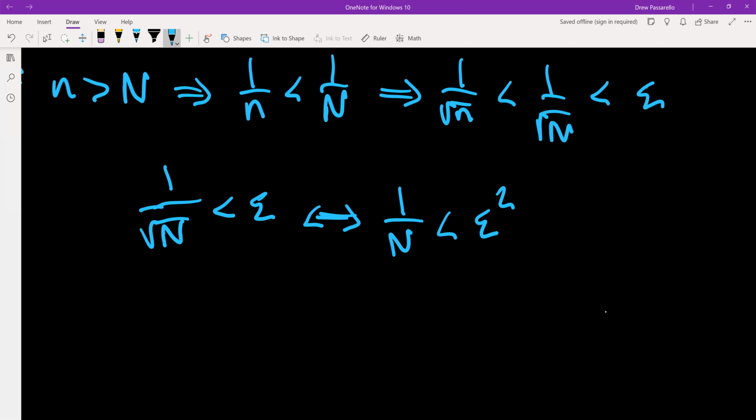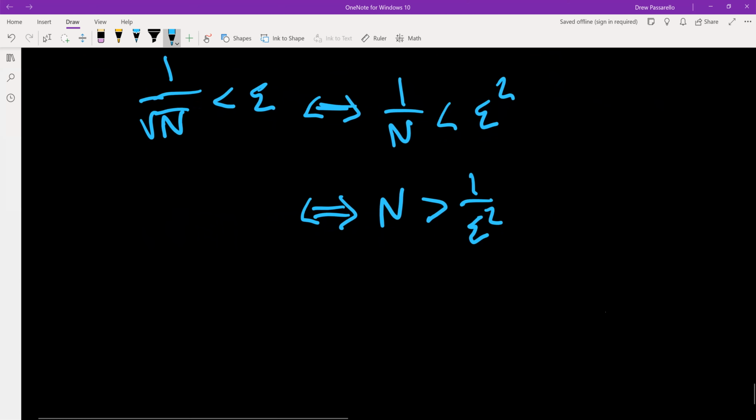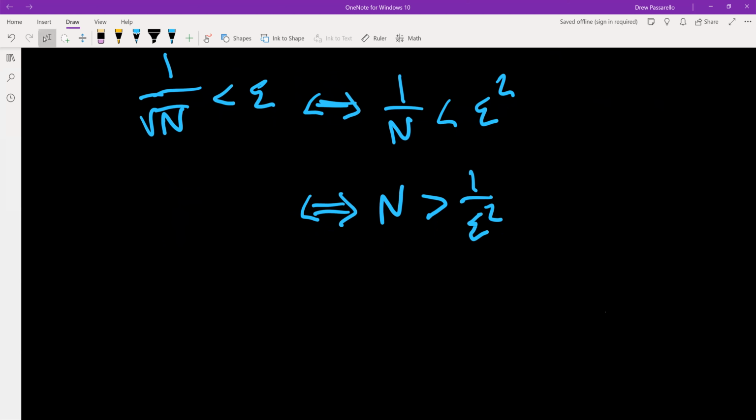Then this is true if and only if, taking the reciprocal of both sides reverses the inequality, capital N is bigger than 1 over epsilon squared. And so we're going to use the Archimedean principle to establish this capital N.